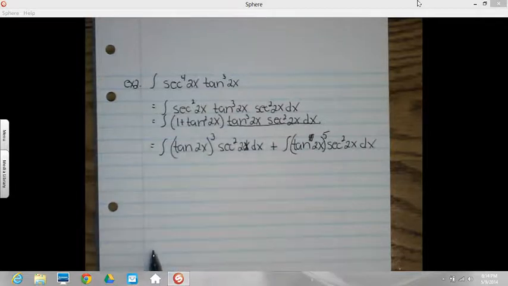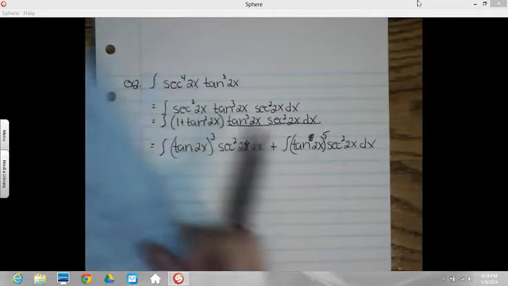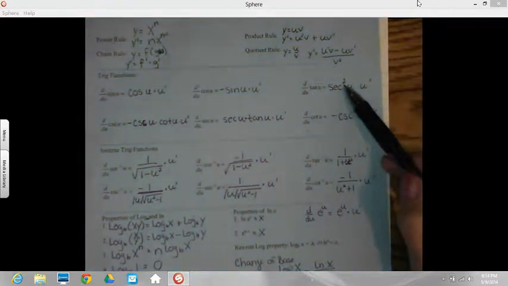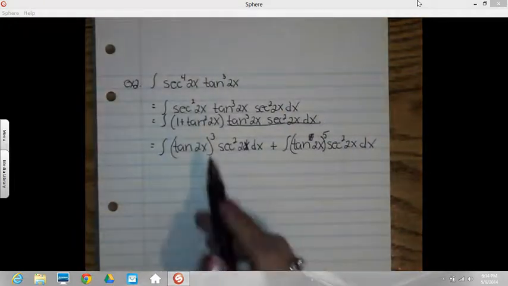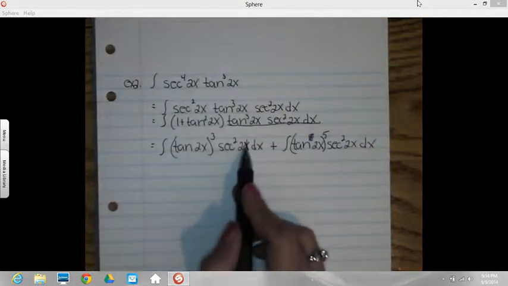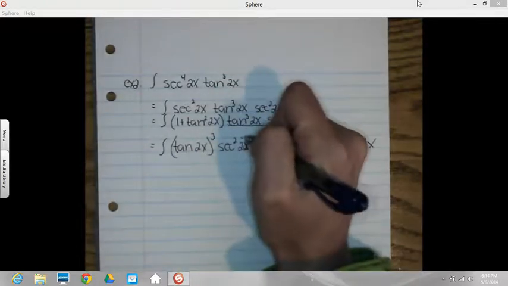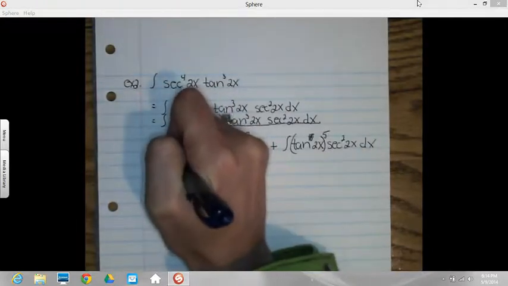So tangent's derivative is just secant squared times the derivative of the angle. Okay, so I've got the secant squared 2x. I need the derivative of the angle, which is a 2. So I've got to multiply this by 2, so I've got to do a 1/2. And now it's ready for power rule.